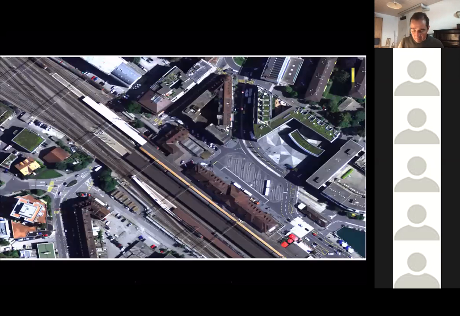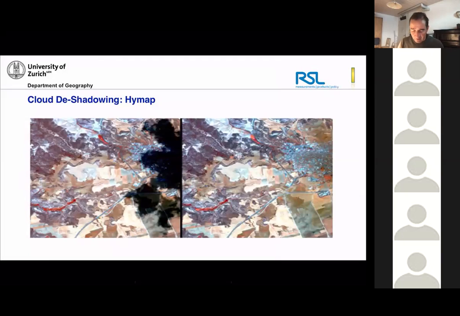The problem is the detection of the cloud shadows or of the shadows. And the other problem is to have the correct diffuse irradiance spectrally. So this may look nice, but it was more or less an ideal situation. In many cases, it won't work that well.